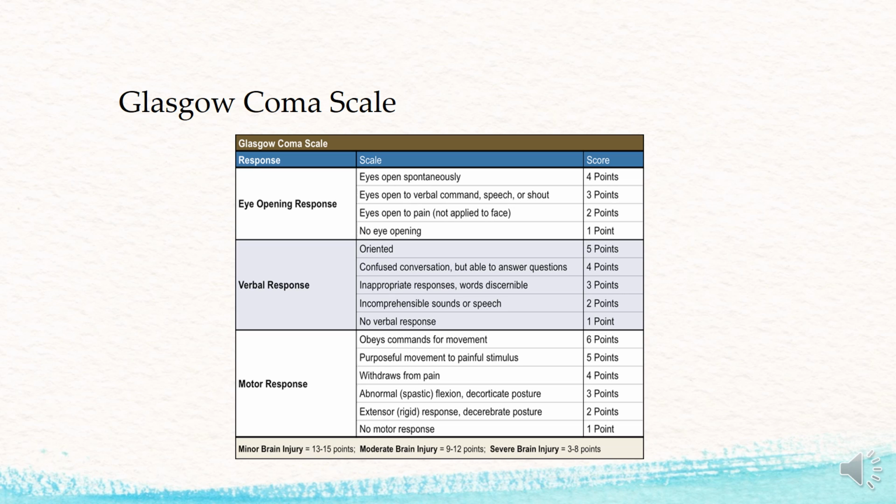Maybe you have a copy of this on your clipboard, or you think, okay, what should I be looking for? And you could, throughout doing your regular exam, probably give them a GCS score. Now, it's not necessarily predictive of function down the road. Remember, we talked about this is predictive of initial mortality, but you still could look at some progression by looking at how they're moving through the GCS.